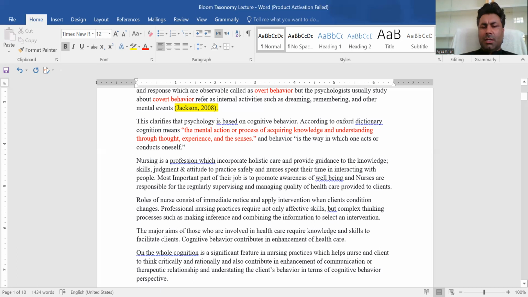As a clinical instructor or clinical practitioner, when you plan to deliver content to the class, to the audience, or when you give some teaching to the patient attendants, you need to plan the content, plan some objectives, plan some goals, and then you have to understand first, think first, and then deliver that content with proper and appropriate strategies to your audience, so that they can understand what you mean.